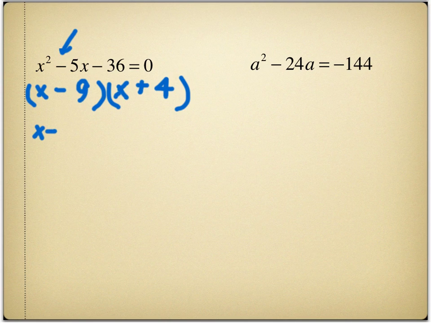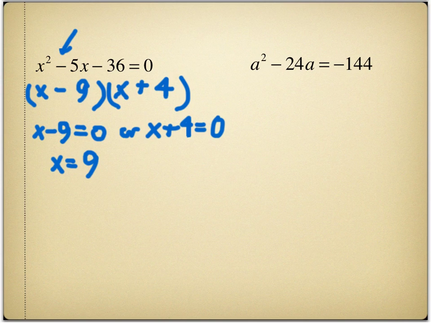So now this is saying that either x minus 9 equals 0, or x plus 4 equals 0. So we know in this case that x is either going to be 9 or x will be negative 4. So there's our first case where we actually had to factor, and then we got it in a similar situation to what we did on the last slide, just set each part equal to 0.